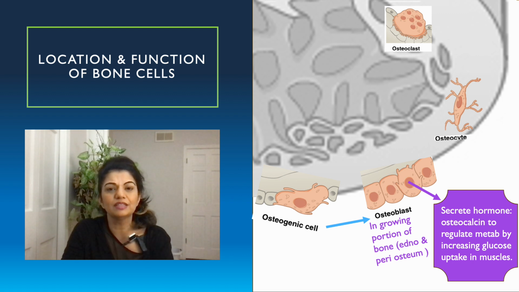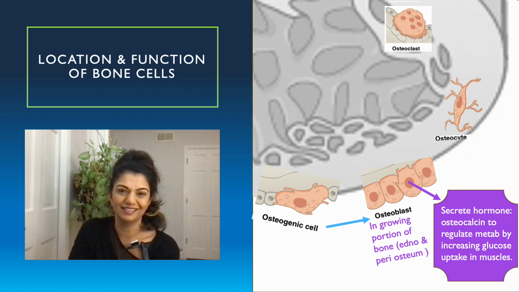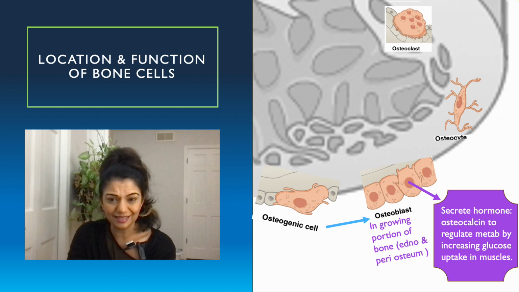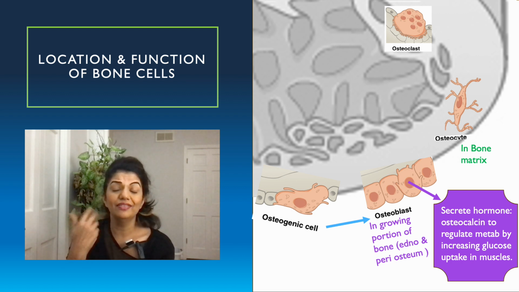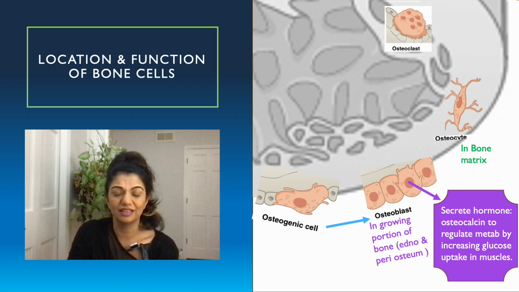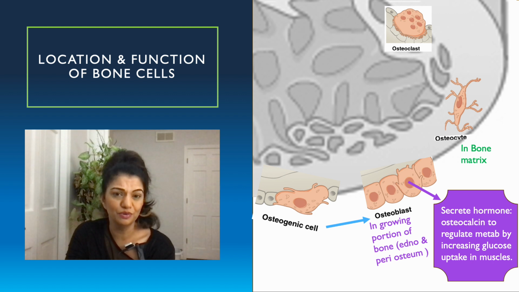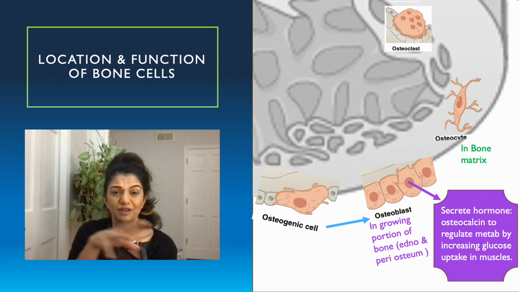But during this process, there's a change that occurs, and these cells end up becoming osteocytes. They get old and retire, and that's where they become maintenance workers and make sure everything is fine. They're located in the lacuna, which is surrounded by bone tissue, so it's almost like they created a prison cell for themselves.